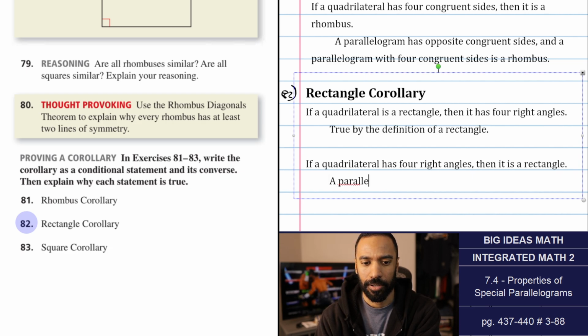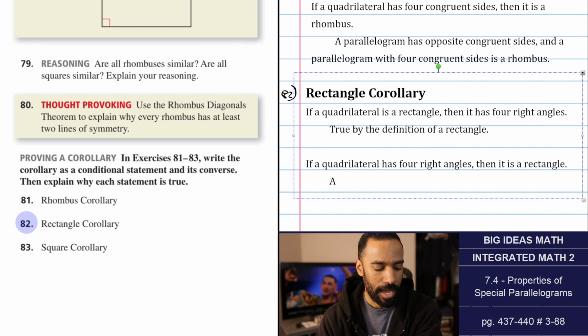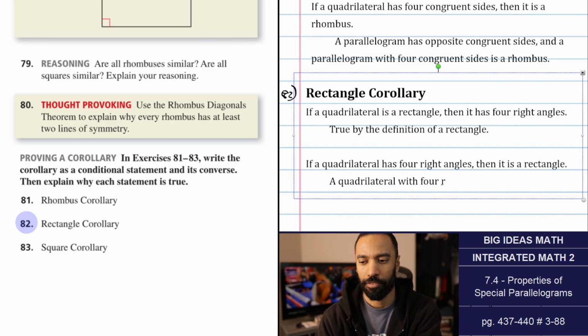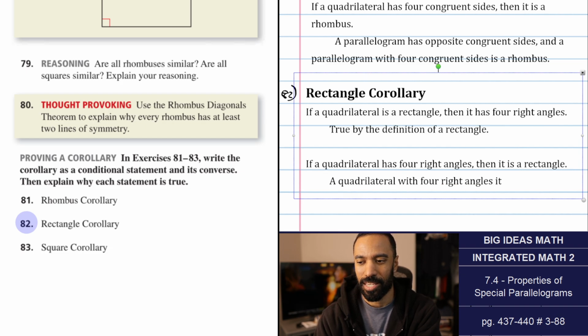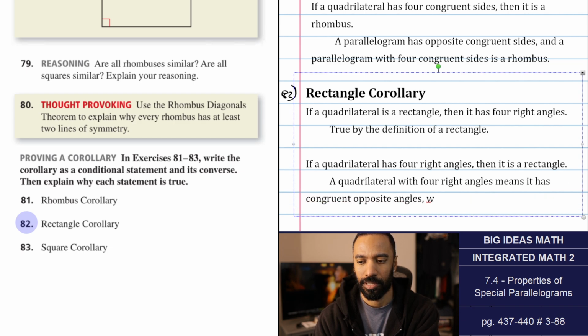A quadrilateral with 4 right angles means it has congruent opposite angles, which a parallelogram also has by the converse.